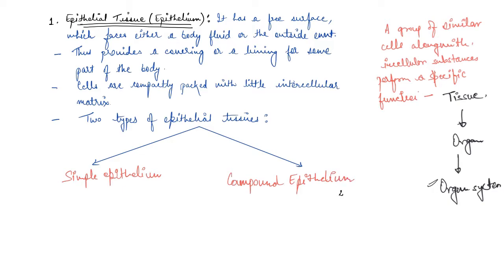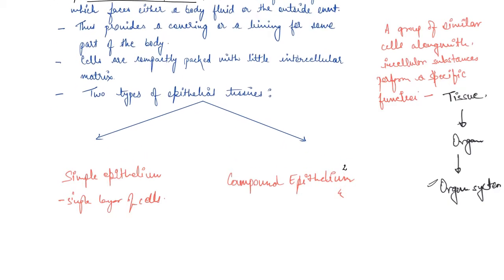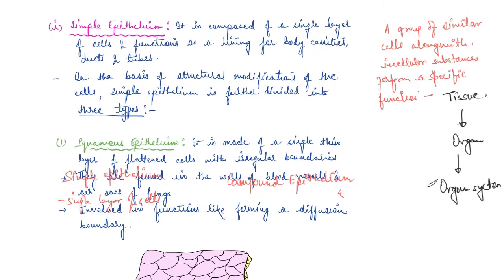Simple epithelium is composed of a single layer of cells, and this functions as a lining of body cavity, ducts and tubes.